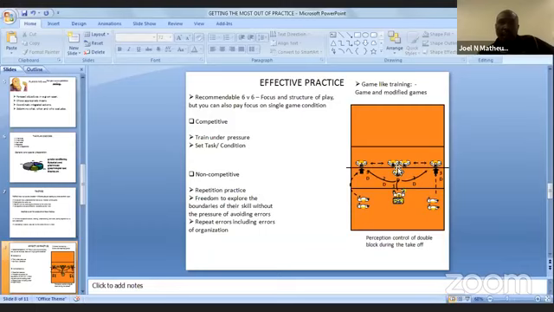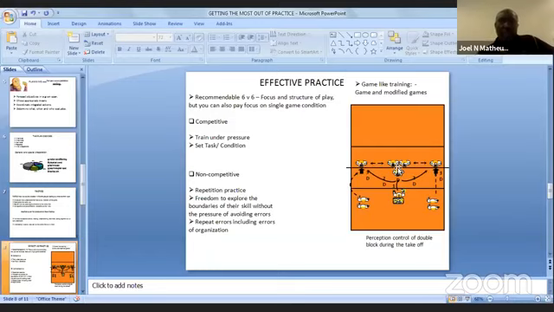In game-like training, you now have to divide it between whether it's competitive or non-competitive. When we look at competitive, we must always train under pressure. We must always ensure that we meet the intensity expected in the match or higher than what is expected in the match.